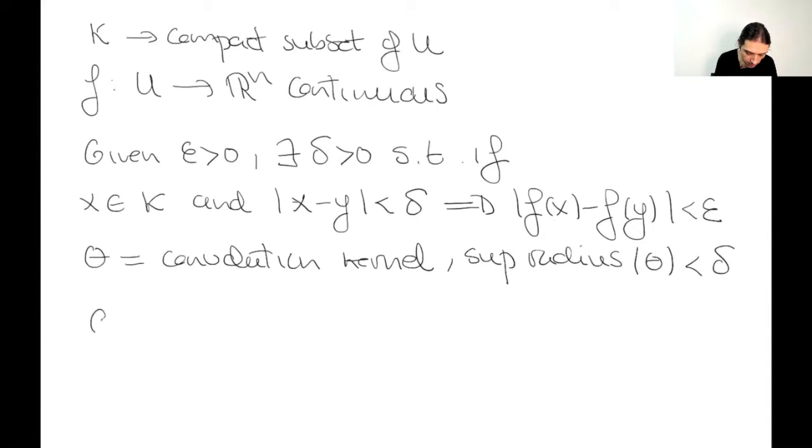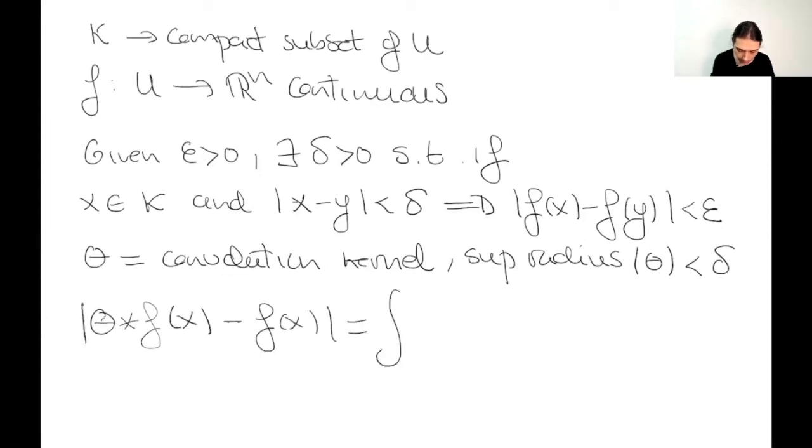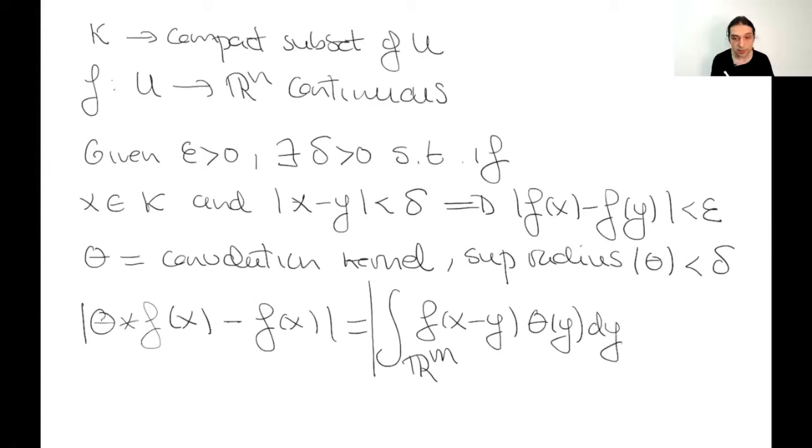If we consider the convolution of theta and f at a point x of K minus f of x, the convolution is going to be the integral in Rm of f of x minus y theta y dy, and now minus f of x.